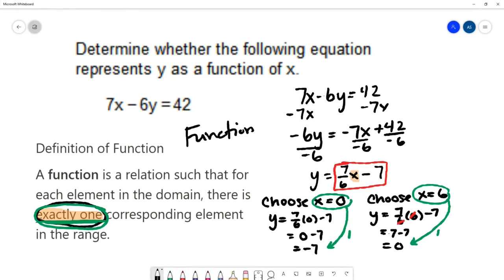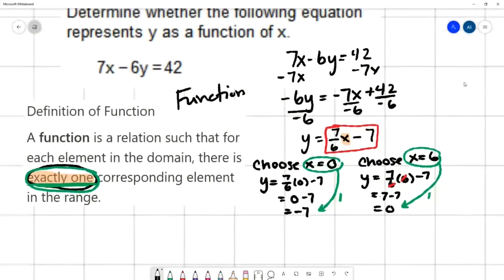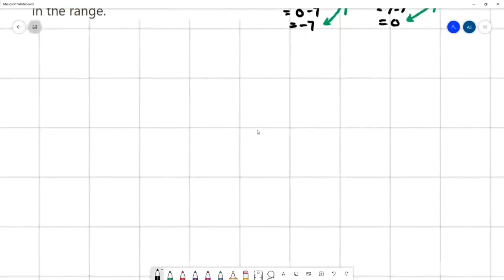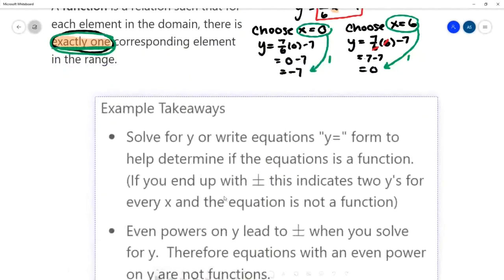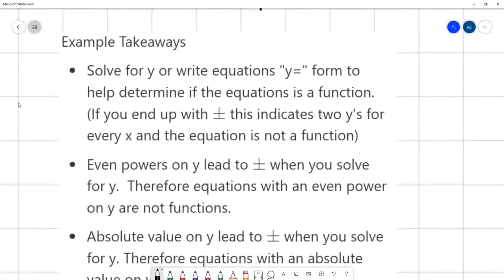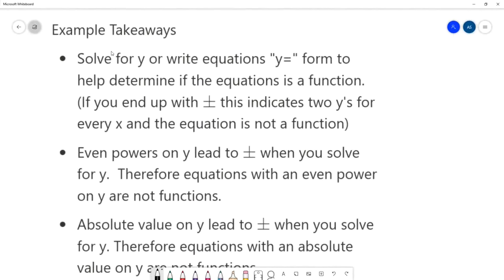Now I do have a couple of quick tricks or shortcuts to very quickly tell if something is not a function. So let's take a look. This is also from our notes. When you're trying to decide if an equation is a function, you solve for y.